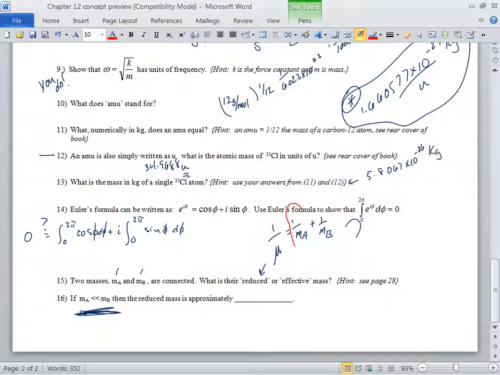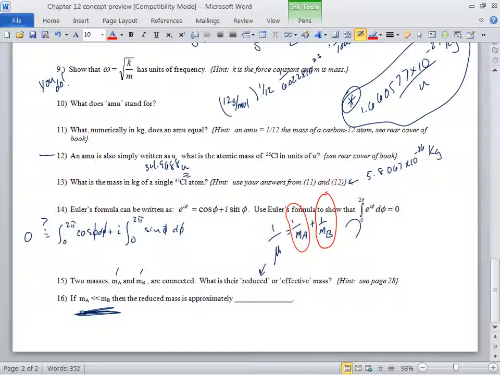You've got this term, you've got this term, and they're saying that Mb is much, much bigger, so 1 over Mb would be a smaller number. Oh, I got it the other way around. Anyway, the point is if this guy's getting huge, you divide by a huge number, it essentially goes to 0.